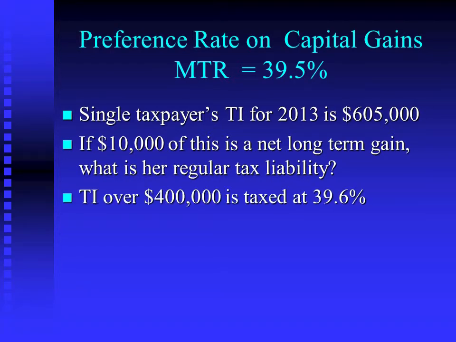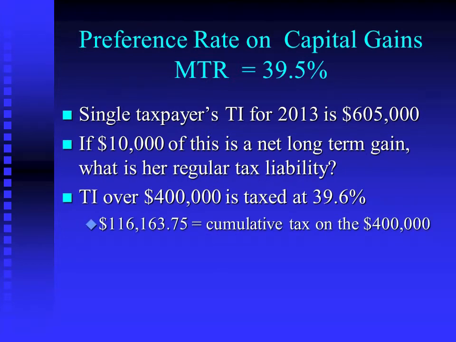All right, so taxable income over $400,000 is taxed at 39.6%, and the cumulative tax below it is this 116 for a single person. So we don't even need rate schedules for this. All right, so if this was all ordinary income, you'd have simply taken the 400,000 from the 605, multiplied by the 39.6, and added this nice big number here, and that would have given you the tax.